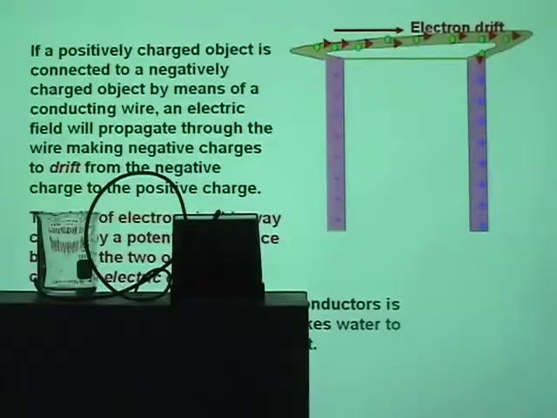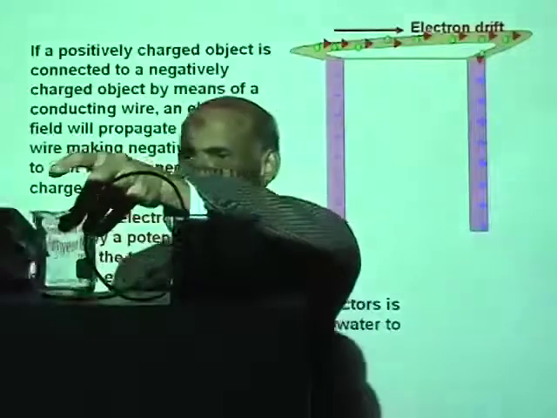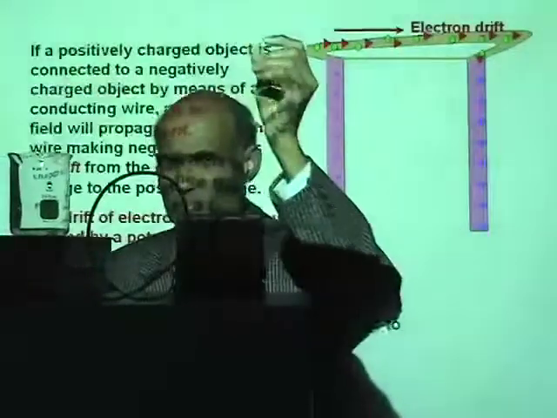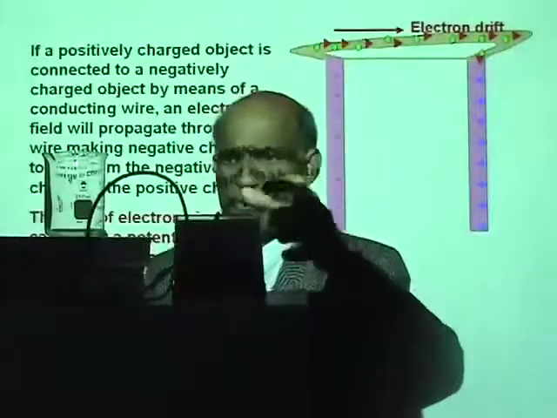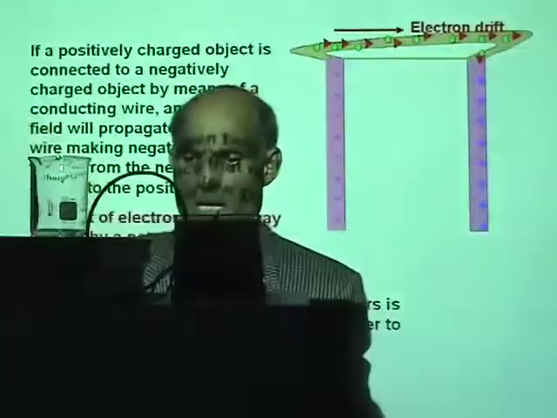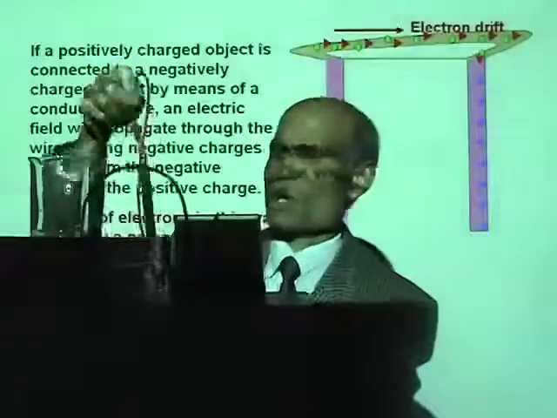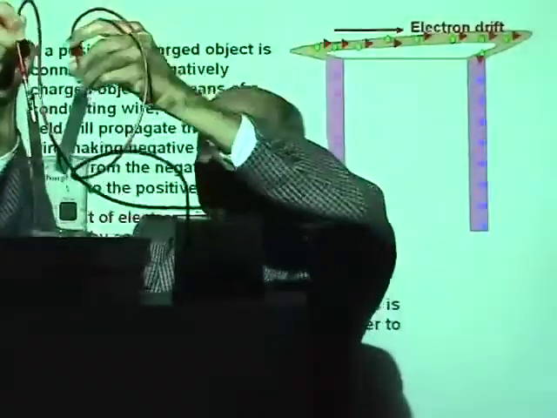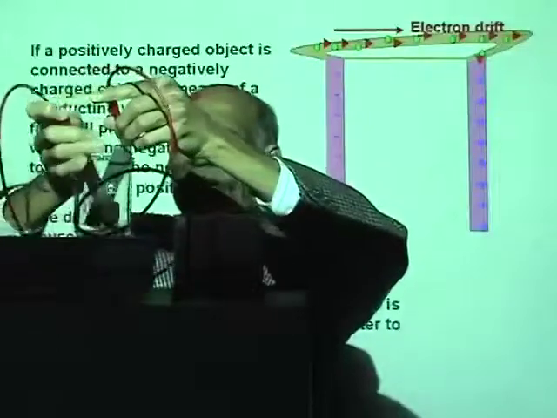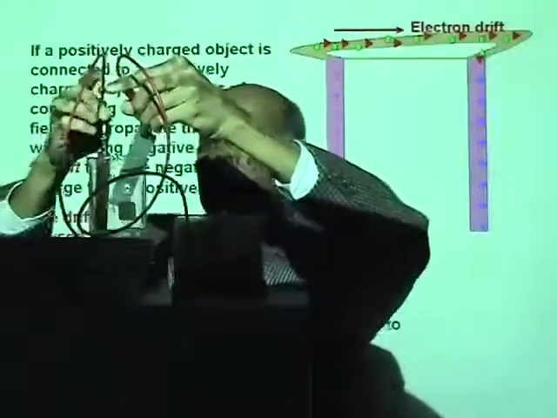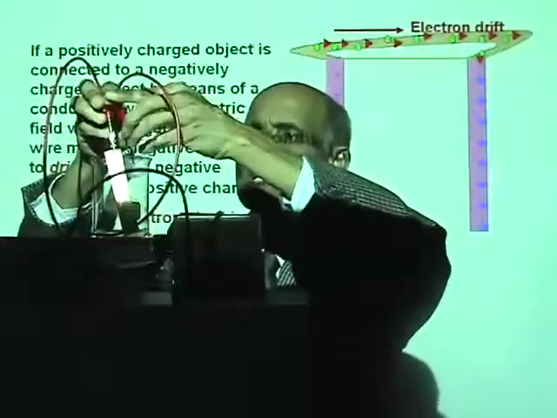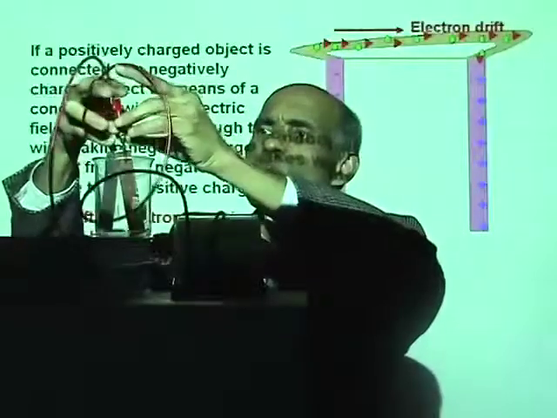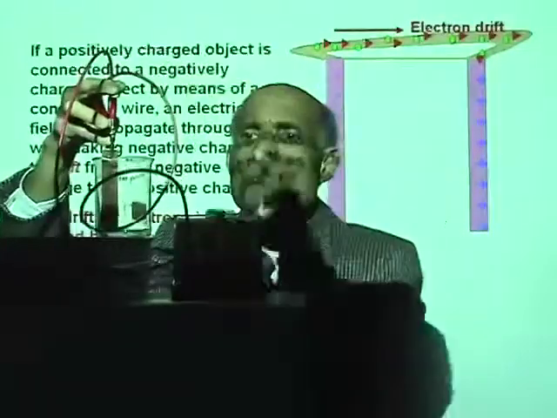Alright, give me a second. Now, there is the acid there for you. And here is the copper electrode and here is the zinc electrode. I'm going to put it in there. And now, you can see I have actually connected these two using a conducting wire.